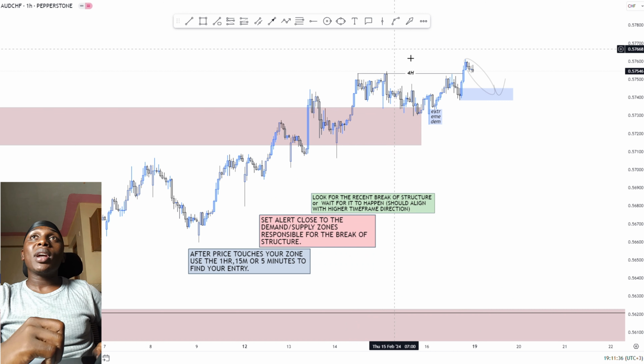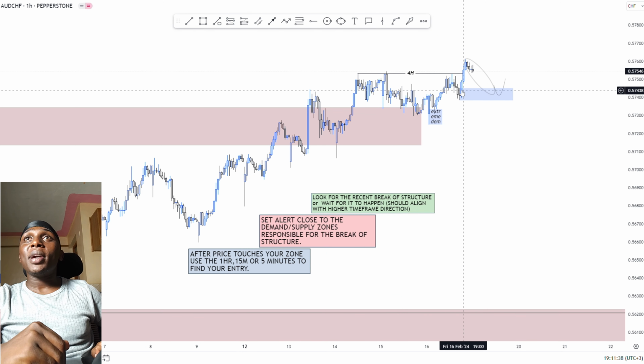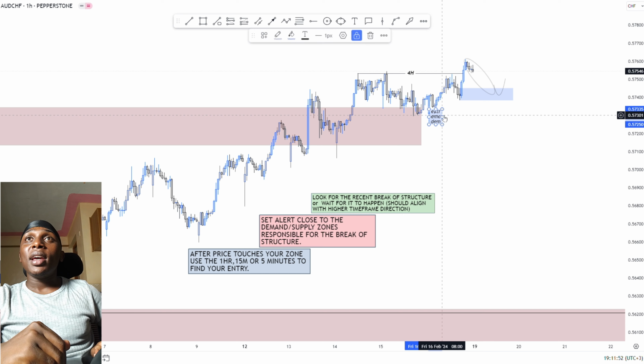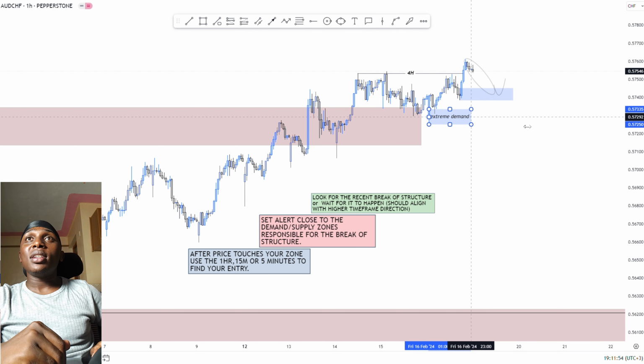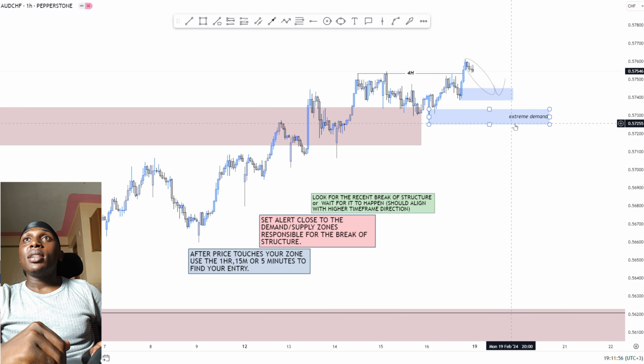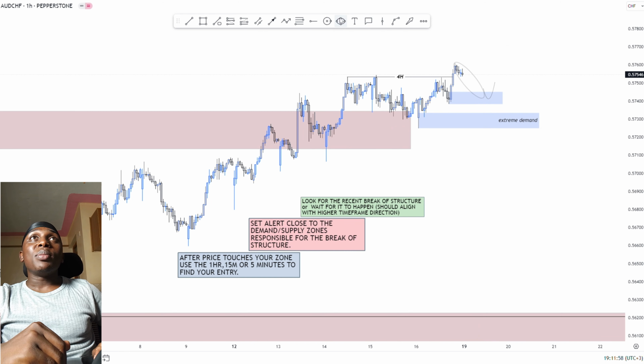So for this coming week, I'll be waiting for price to come and retest this demand zone right here. If the demand zone does not give me entry confirmation and continues to break, I'll wait for price to come and enter into this extreme demand zone right here. So this is what I'll be waiting for.